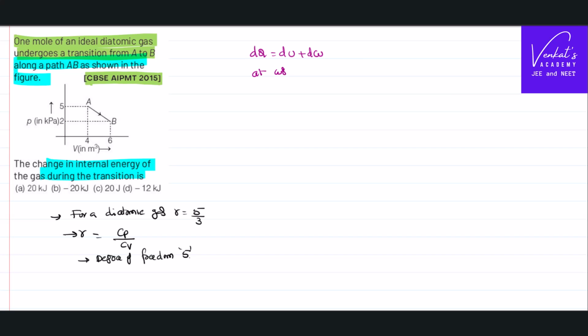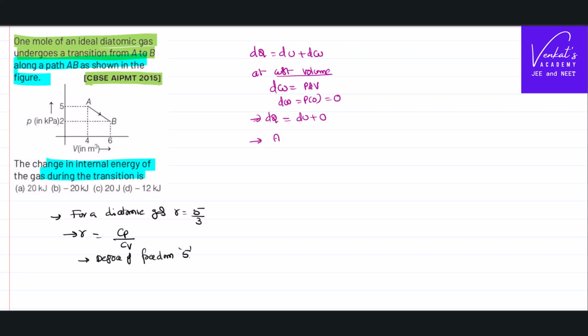At constant volume, as volume is constant, work done equal to pdv. dv is change in volume. As volume is constant, dv equal to 0. So the dw is 0 at constant volume. So in that case, dq equals du plus dw, which equals du. So the entire heat supplied is used only to increase the internal energy.